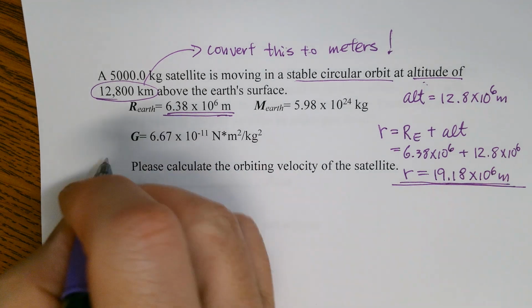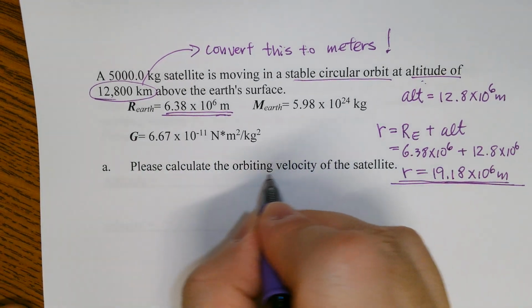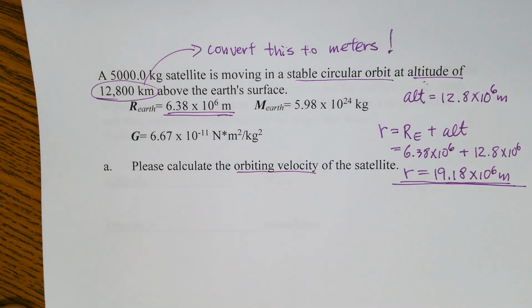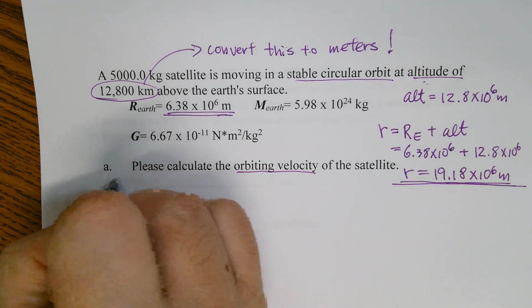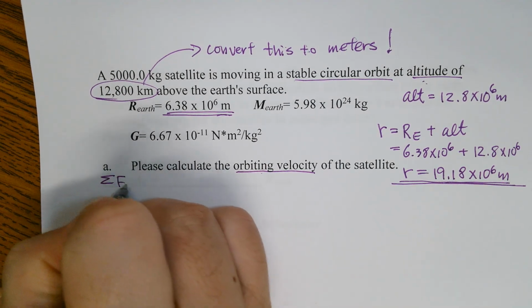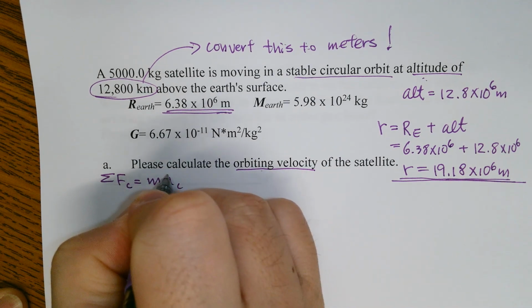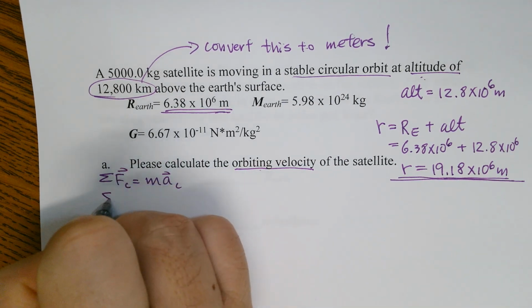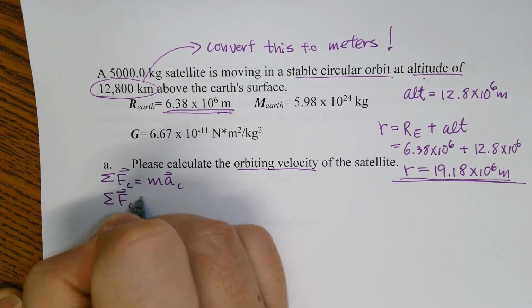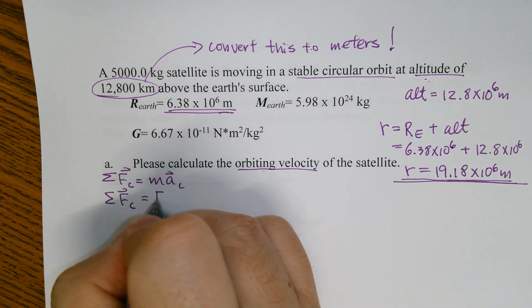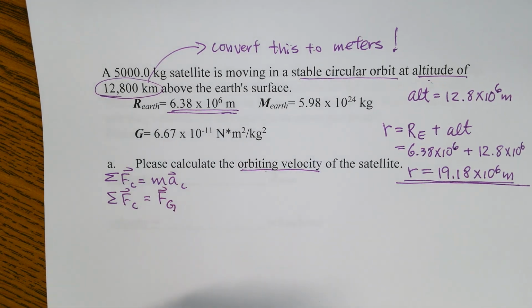So since we need to calculate the orbiting velocity, we know the sum of all force in circular motion is MAC, and we also know there's only one force making it go into circular motion, and that is FG.